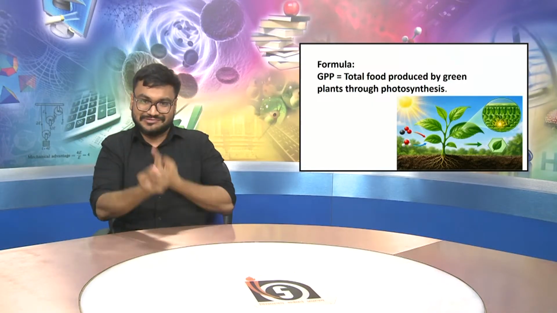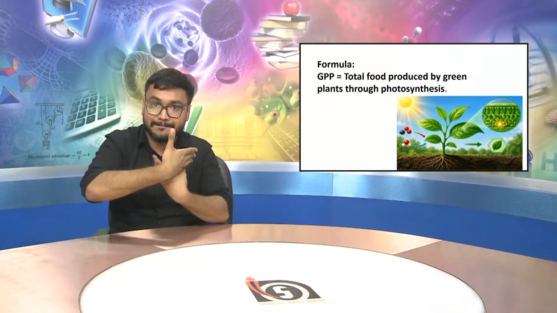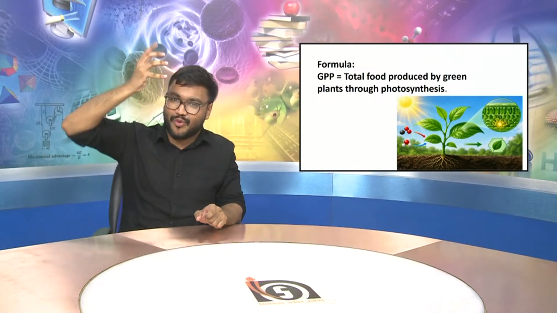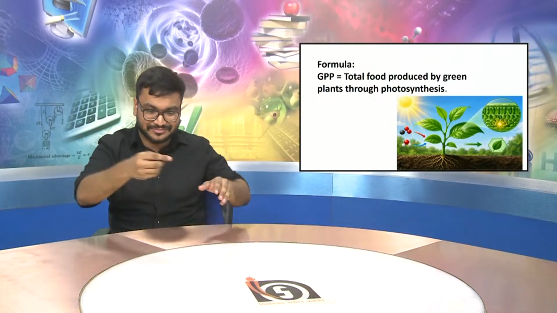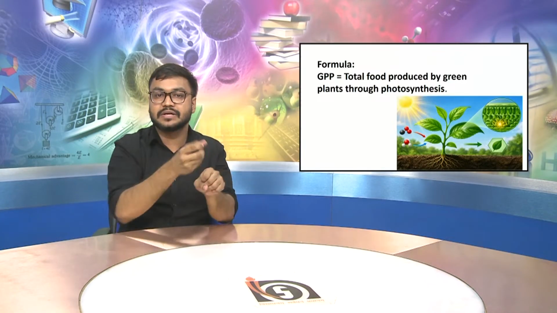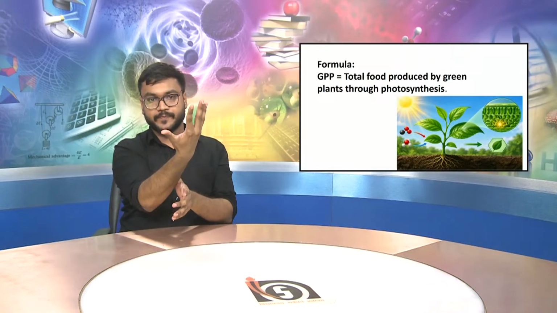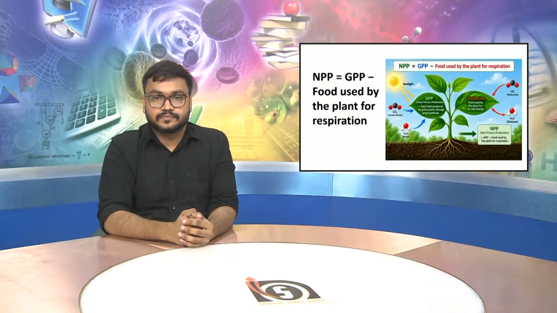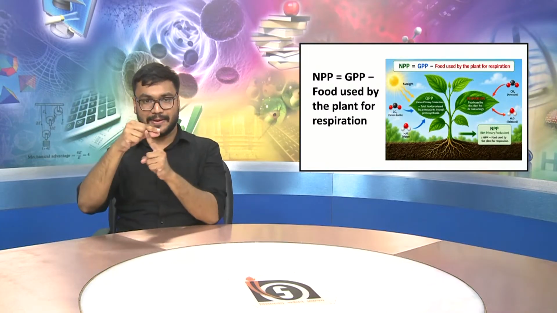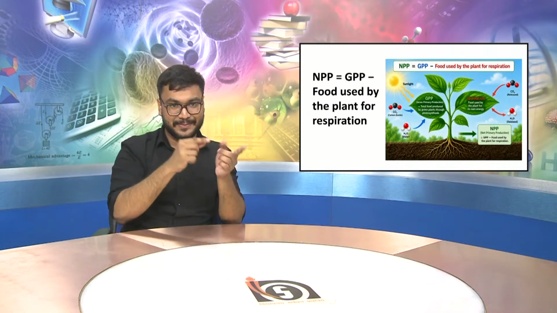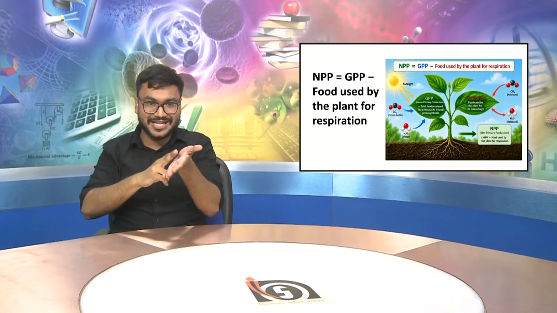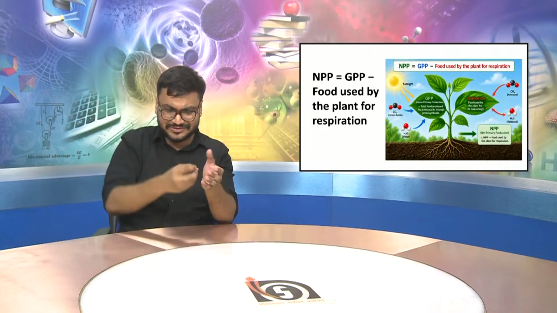We can get it from the total food produced by green plants through photosynthesis. And how can we get NPP? We can get it by subtracting from GPP the food used by the plant for respiration.